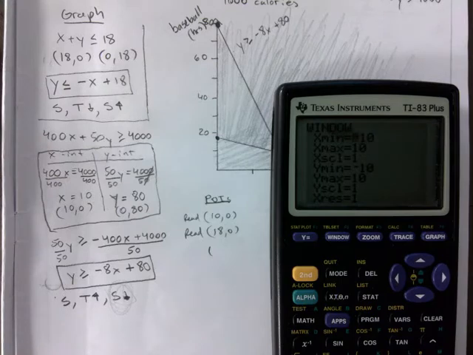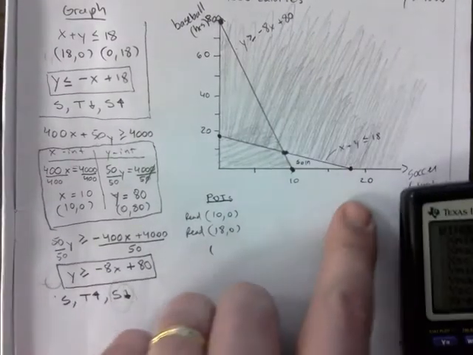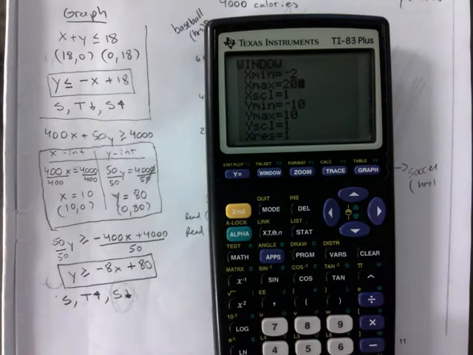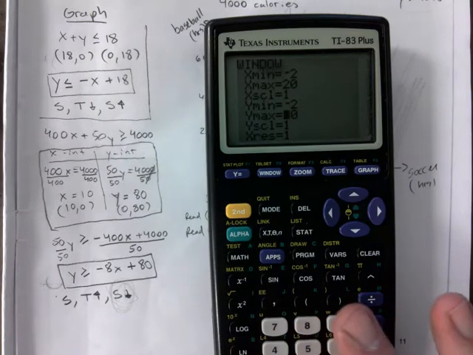So I'm just going to go like negative 2 or something, just a little bit past into the negatives. My x max, if you look at your graph, I'm going to go to like 20 for my x max. X min, just negative 2 will do. Y max, I'm going to go to 80 or 100. I'm going to go 100.